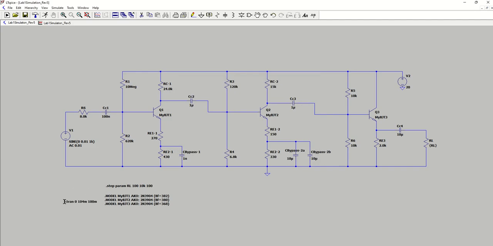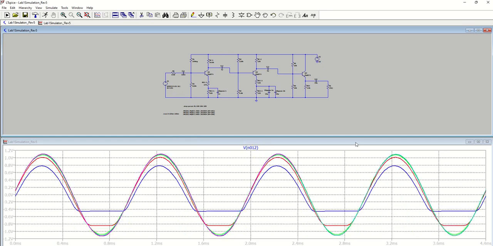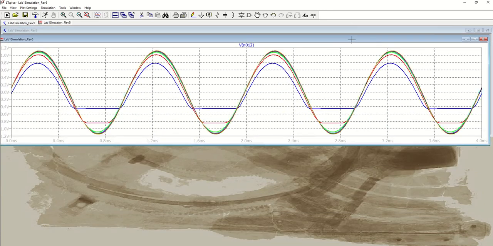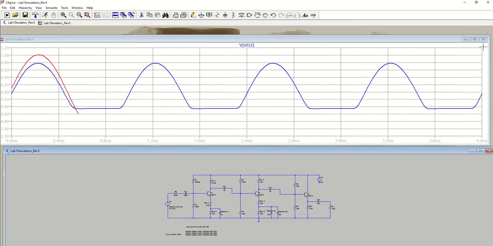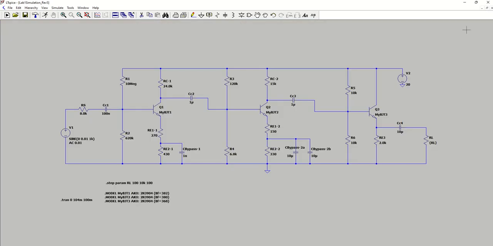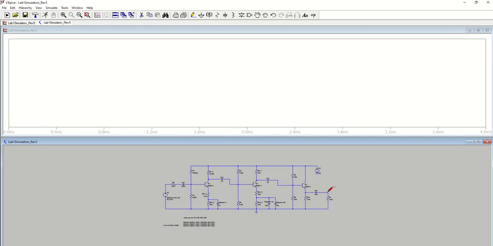I'm doing that to let the circuit settle, and then we will run it and measure the output.